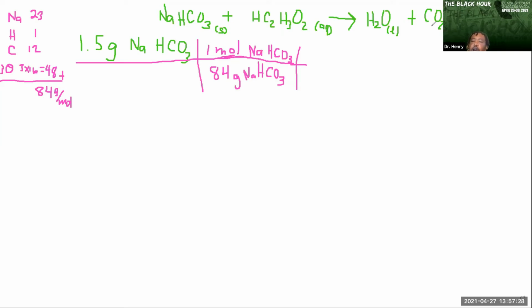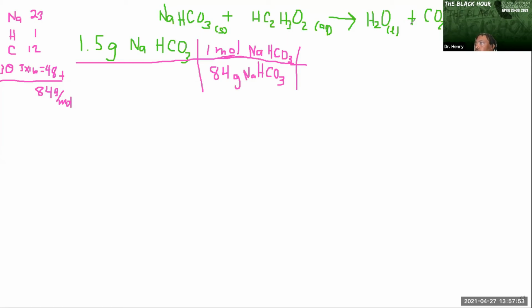We don't need just carbon. We want to know how much carbon dioxide we're going to be making, right? So if we look at the relationship between sodium bicarbonate and carbon dioxide, what is the coefficient in front of that sodium bicarbonate? And what is the coefficient in front of the carbon dioxide?